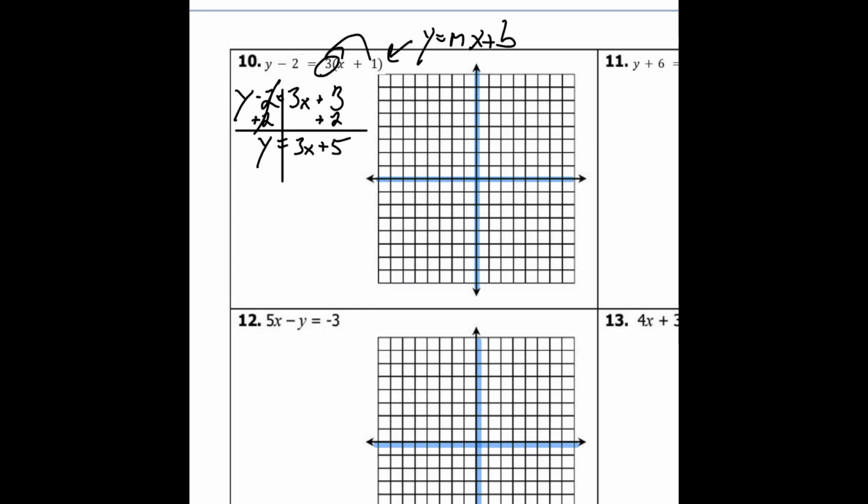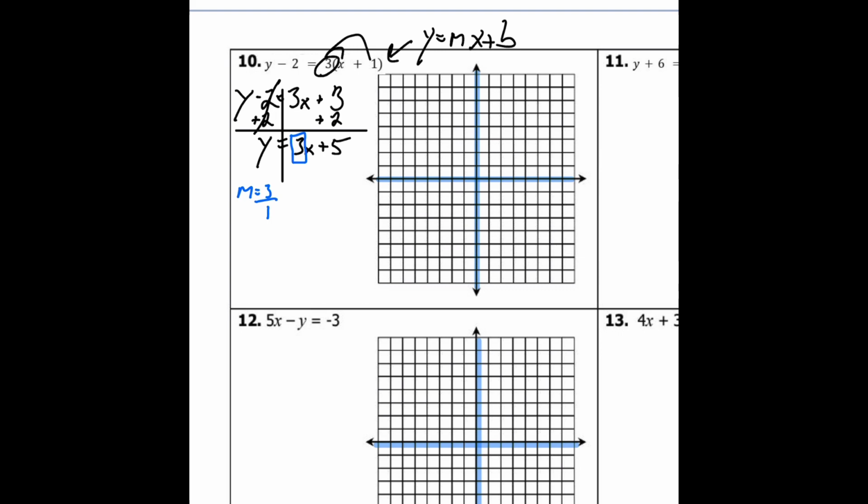Now I can identify my slope, I can identify my y-intercept, and I can begin to graph this line. My slope is the number that is in front of the x, so my slope equals 3. Whenever it's just a number by itself, I'm always going to put that over 1.